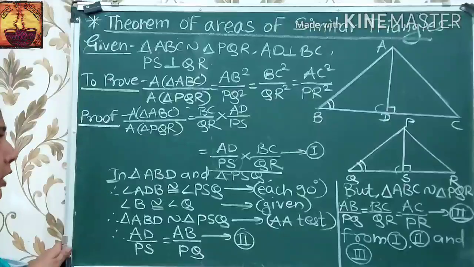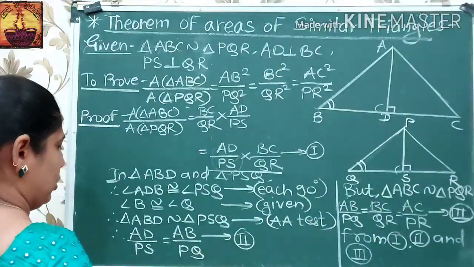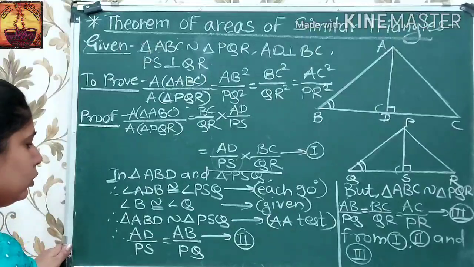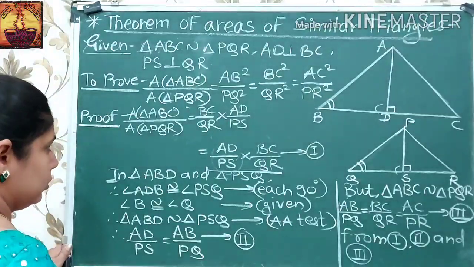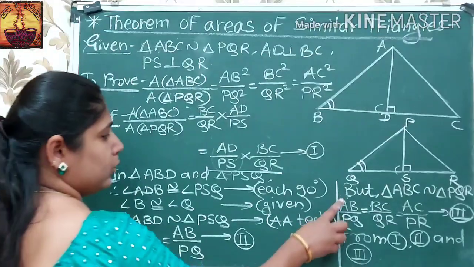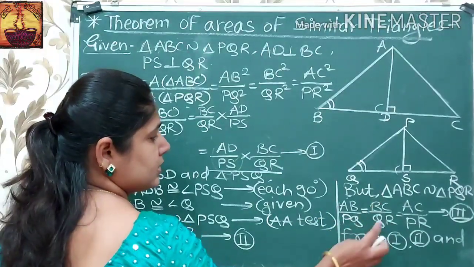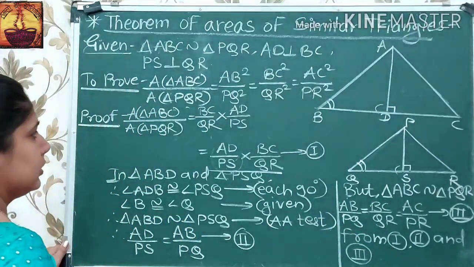But in number 2, AD upon PS is equal to AB upon PQ, and this AB upon PQ is equal to BC upon QR in number 3.